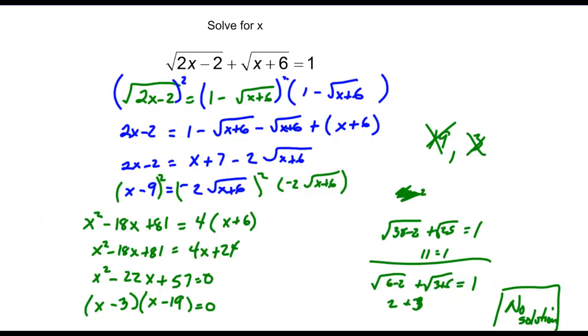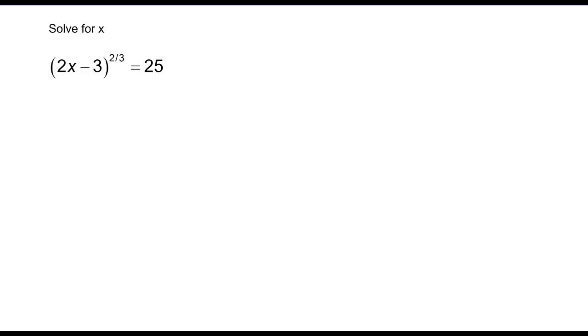So we move to a problem similar to what we did the other day, in that we have a rational exponent. We're going to raise both sides to the reciprocal power. So this is to the 3/2 power, and this is to the 3/2 power.